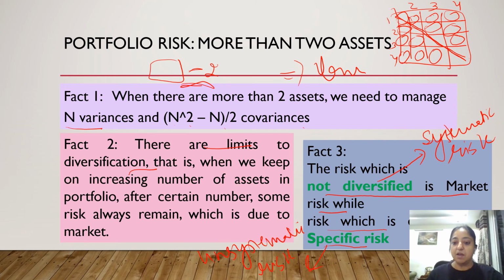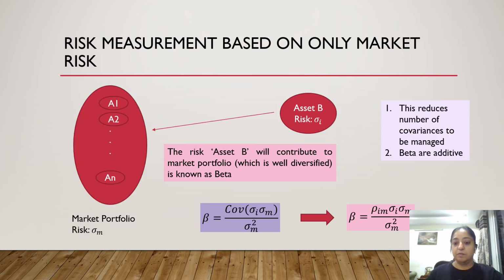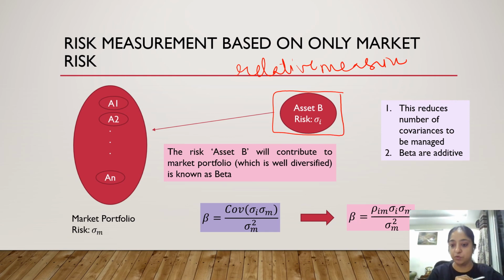Now let's learn more about the second measure for risk, which is not an absolute measure, but a relative measure. That means now we are going to measure the risk with respect to a single portfolio.